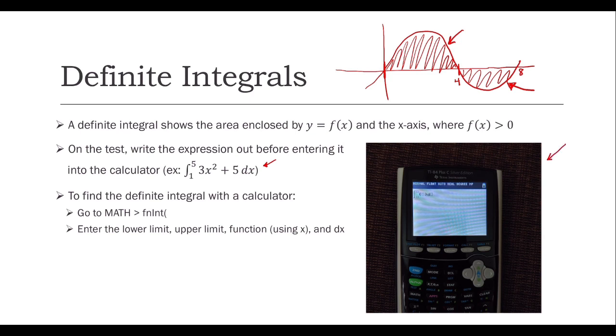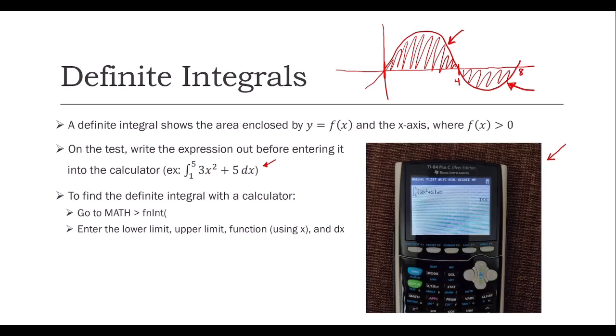So here's an image of what it would look like after you go to math and finite integral. It would look like this, and then you enter your lower limit into the bottom square, upper into the top, and then your function in the parentheses, and then you put dx. Once you do that, you can hit enter. So if you were doing the integral from 1 to 5 of 3x squared plus 5 dx, then your integral would equal 144. So that would be your area under the curve from x equals 1 till x equals 5.